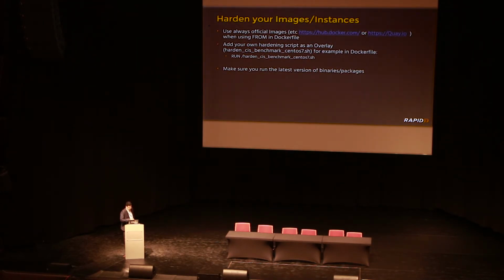So to harden your images, we at least start with using the default, the official images from Docker. You download some images because you don't do everything from scratch with Docker. You basically base your environment on operating system images of Docker.